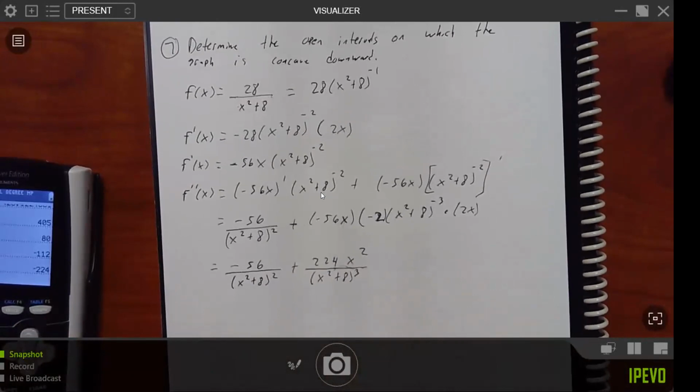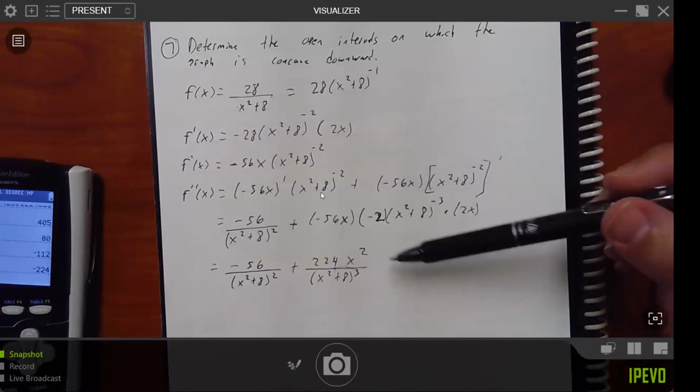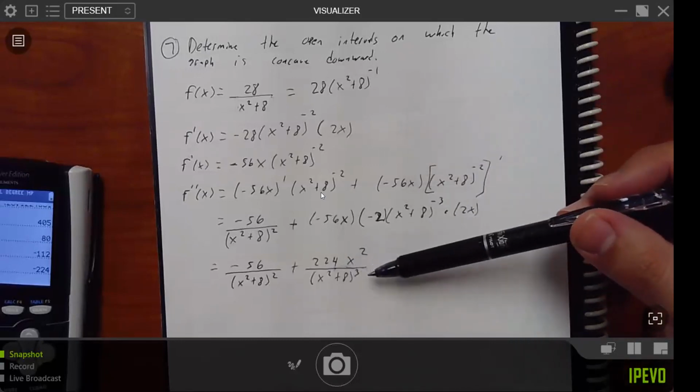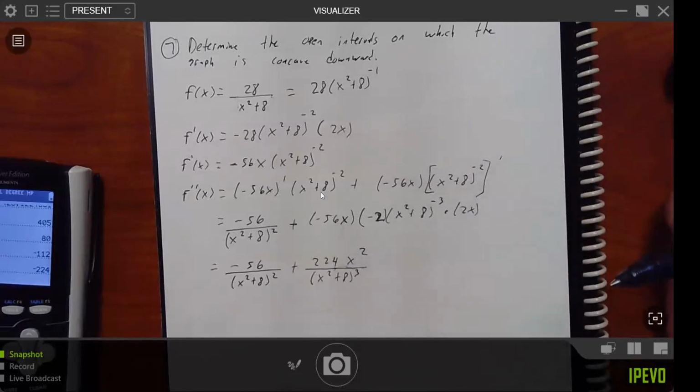Okay. Anyway, they said, when is this concave up or down? So we need the critical numbers. Unless we can show that this will always be negative, then it'll be concave downward everywhere.